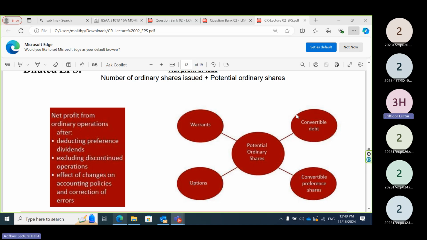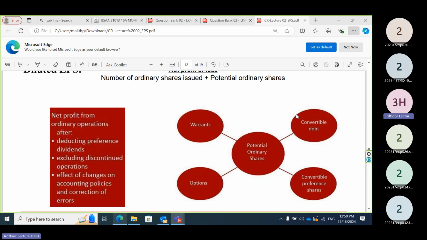If you are currently paying higher interest to those stakeholders, that will be added to profit after tax. So the increase of your denominator is less than the increase of your numerator, right? That's the logic. So if there's a question like this, you need to evaluate whether there is a dilutive impact or not. If you don't have a dilutive impact, no need to calculate the diluted earning per share.